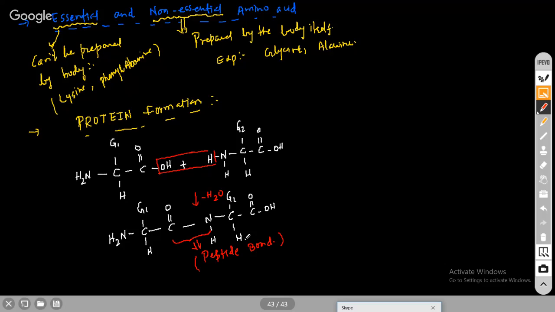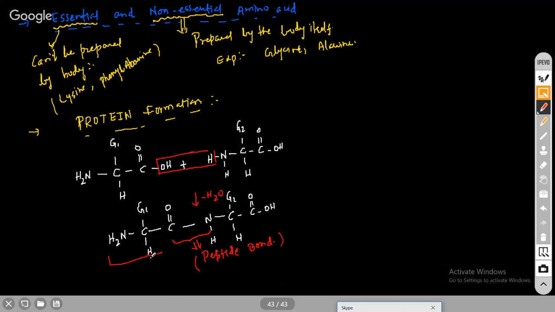Now suppose we have another molecule here, NH2, CG3, C double bond OH. Here also OH and H come out, and we'll have another peptide linkage here. Like this, we'll get a large linear molecule. Means the bonding will be linear. Understood?